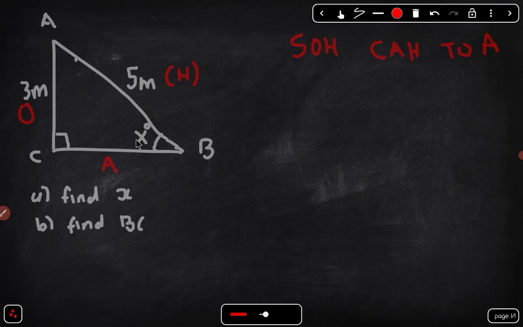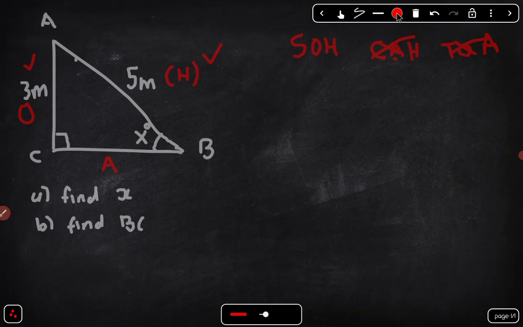What am I given? I'm given hypotenuse and opposite, but I don't have adjacent. So the one without adjacent is disqualified, and everything that has A is also disqualified. So you are supposed to use SOH, because you have opposite and hypotenuse.